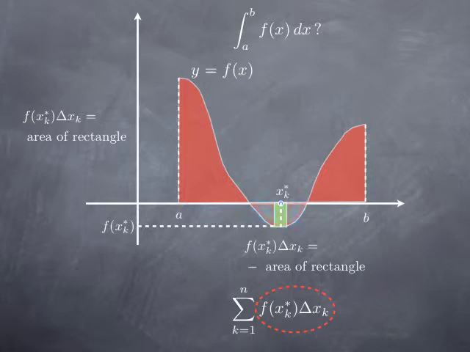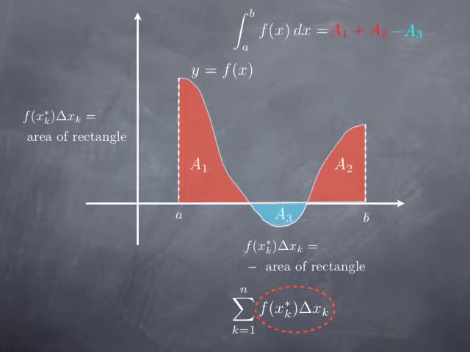So in particular, for this blue part, the sum of the f of xk star delta xk for the subintervals that correspond to this blue part is going to approximate the opposite of this blue area.